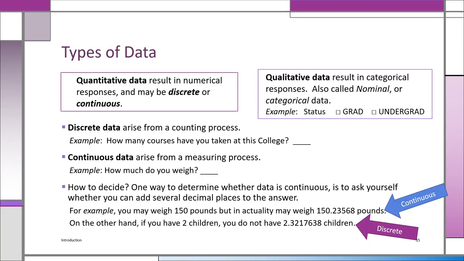Continuous data, on the other hand, arises from a measuring process. Instead of asking how many, we're asking how much. How much do you weigh? Now, you may think you weigh 127 pounds, but the reality is that there's no such thing as weighing exactly 127 pounds. 127 could mean 127 with millions of zeros after it if you really are exactly 127.